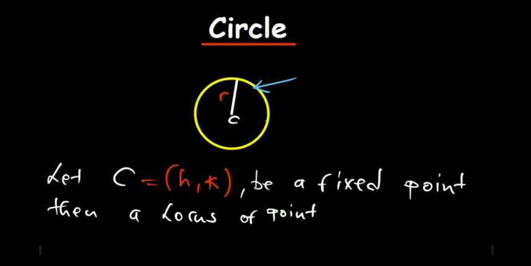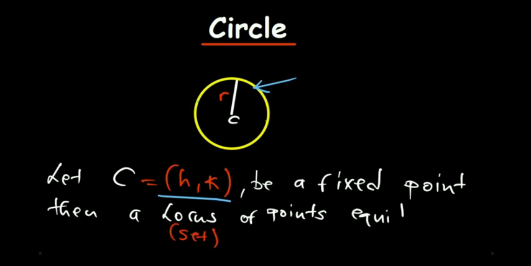So what are we saying here? If we've got a center h comma k as a fixed point, then a locus, or think of this as a set of points. What should these points be? These points should be of equal distance to the fixed point, right? So a locus of points equidistant.